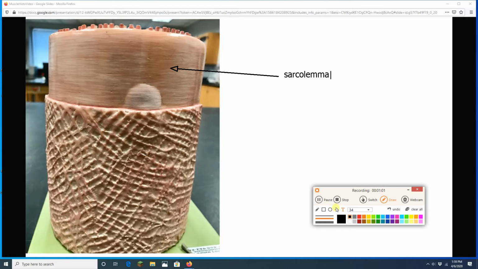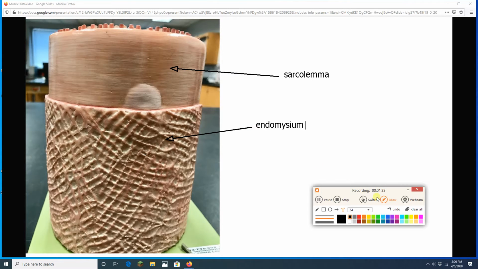Outside of the sarcolemma, we can see a layer of loose connective tissue, known as the endomysium. It is going to bind one muscle fiber to its neighbors. That way we can create bundles of muscle fibers, just like how we created bundles of axons in nerves and tracts.